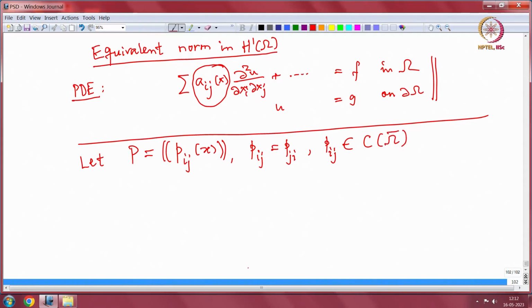Okay. So, this is a symmetric matrix, but we will also put a positivity condition.